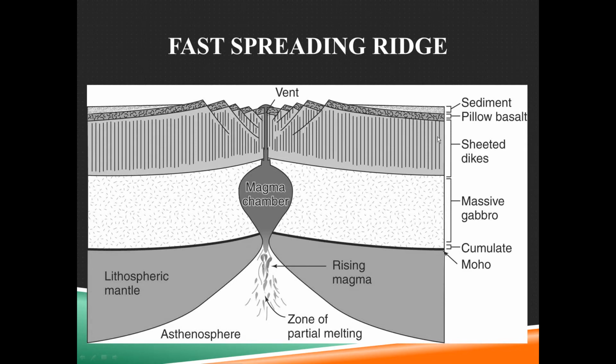So all of these sheet dikes topped by pillow basalt, and then as you get away from the ridge, topped in sediment. So this is the basic cross-section of the fast-spreading ridge.